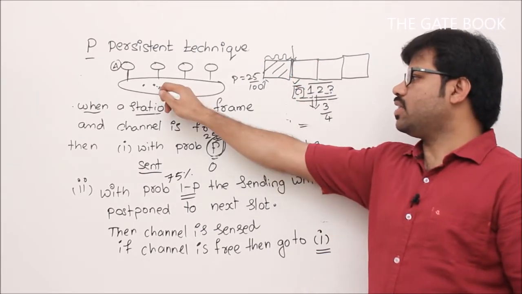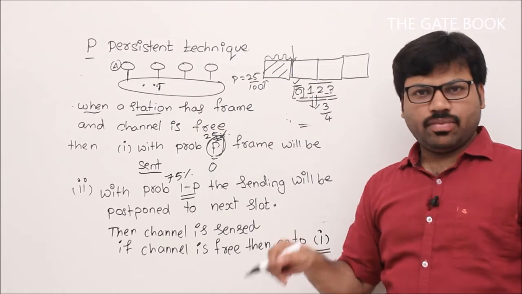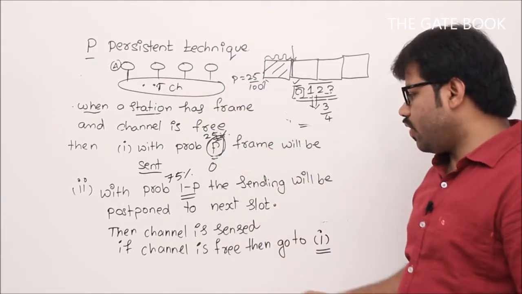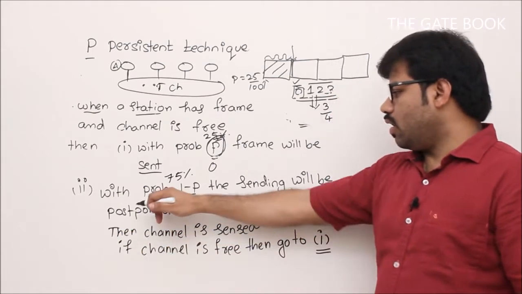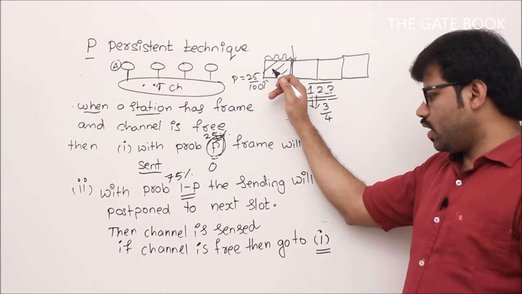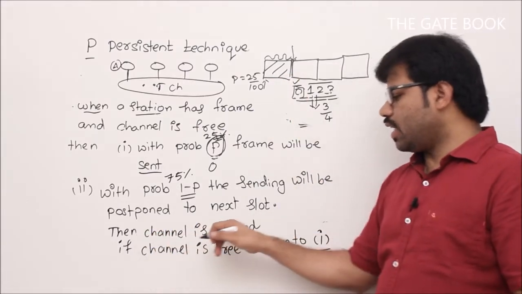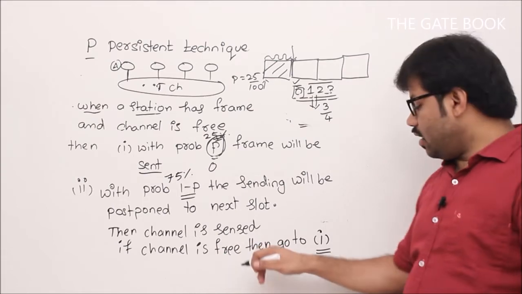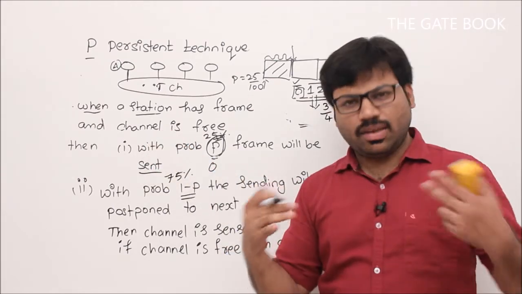Then again we start sensing. Now this time again your channel is, let's say, free. If the channel is free, you see what we are going to do. Now with probability 1 minus P, we are going to postpone to the next slot. We will go to the next slot, and then the channel is again sensed. If the channel is free, then go to step number 1. Do the same whatever you did.